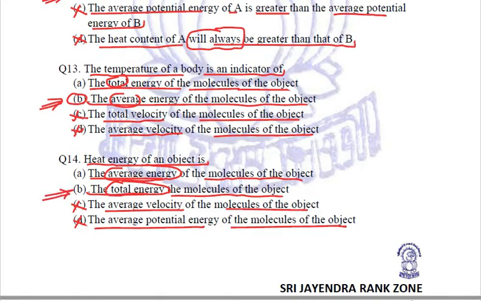Please try to relate the difference between the above question and the below question, question number 13 and question number 14. What exactly is the difference? In question number 13, we talked about the temperature of the body, which is an indicator of average energy. But in question number 14, we are talking about the heat energy of an object, and the heat energy of an object is the total energy of the molecules of the object. Right?